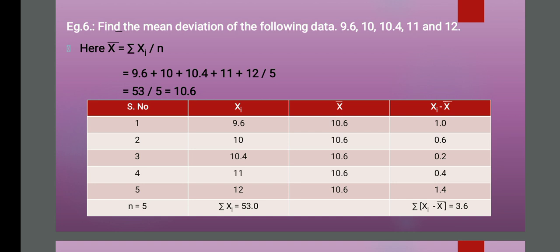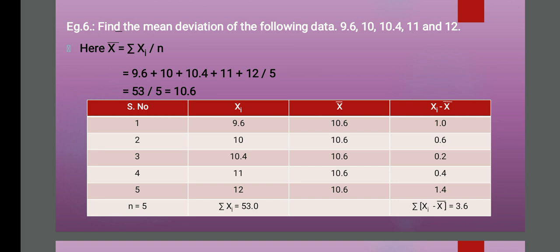So the value of deviation is xi minus x bar. First one is 1, second one is 0.6, we only look at the difference, okay? Third one 0.2, fourth one 0.4, and fifth one is 1.4. To find the deviation, you add up all the values.